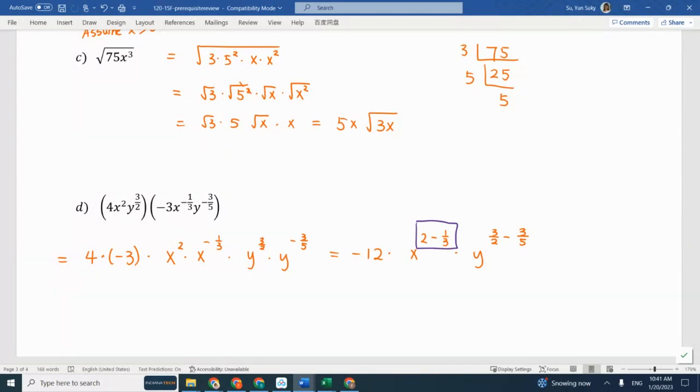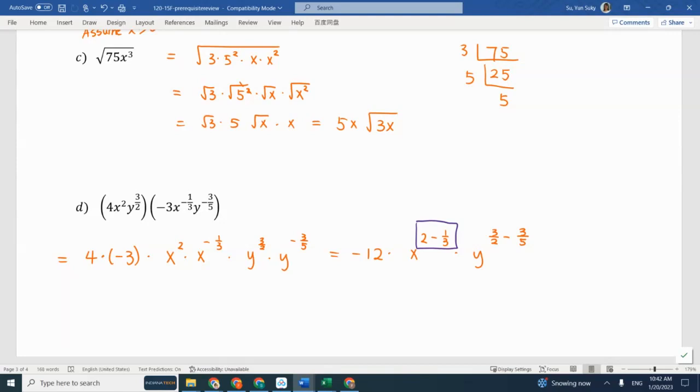What's the common denominator? This 2 is in the numerator, so the first term doesn't have any denominator. The second has denominator 3. So the common denominator is 3. You can think of this 2 as 2 over 1, so 1 and 3, the common denominator is 3. How do you get 3?